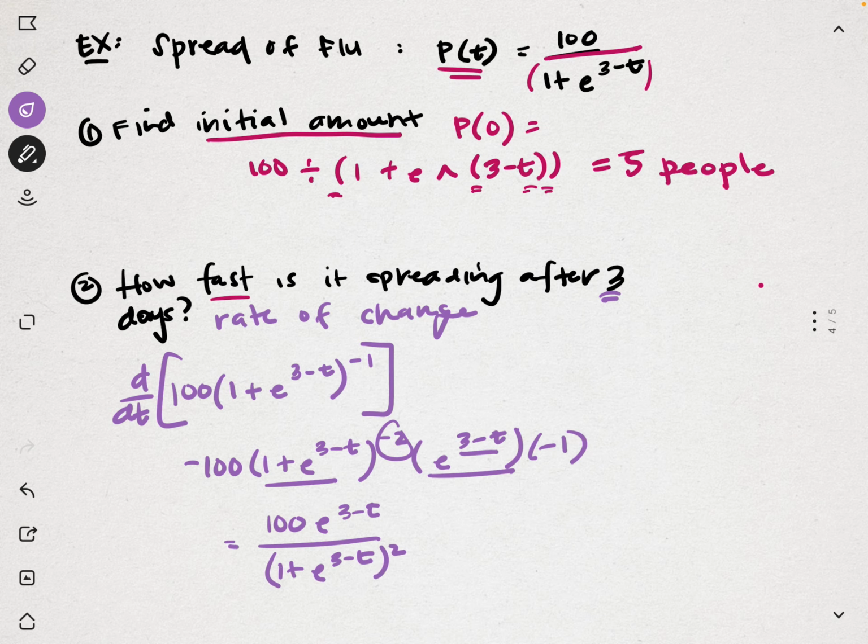Okay, so if we do that and we punch that into our calculator, go ahead and do that. 100 e to the 3 minus, it's saying after 3 days, right? So our time is 3.